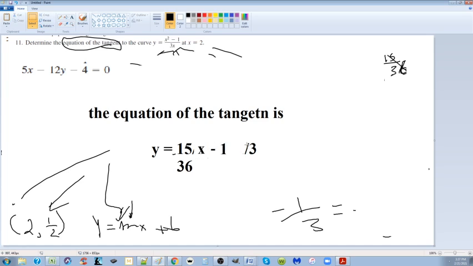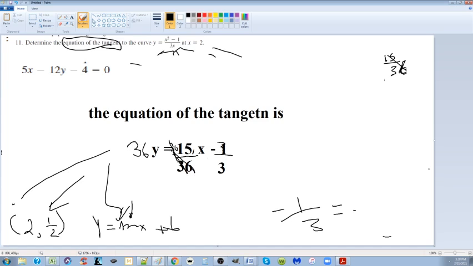Okay, suppose you don't want any denominators here. Suppose you don't want any fractions. What do you do to an equation to get rid of all its fractions? You figure out which number is common to those two denominators. It's 36. So I multiply through by 36. When I multiply this by 36, I'm left with 15x.